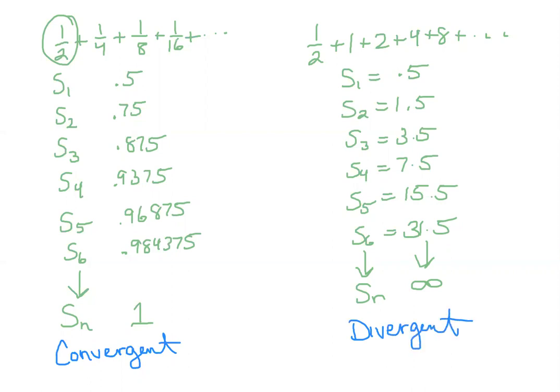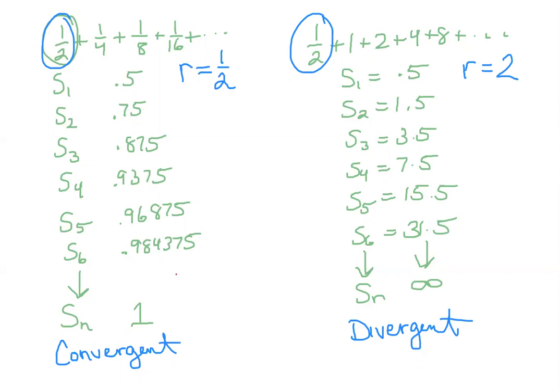And what's the difference between these? We started with the same a1. What does r equal here? r equals 1/2. What does r equal over here? r equals 2. And that is the difference between convergent and divergent.